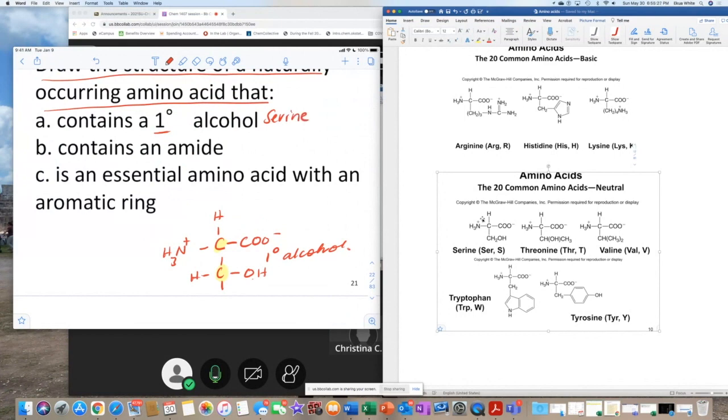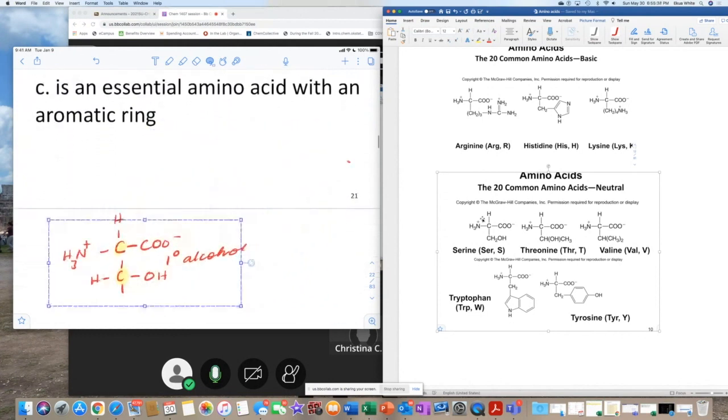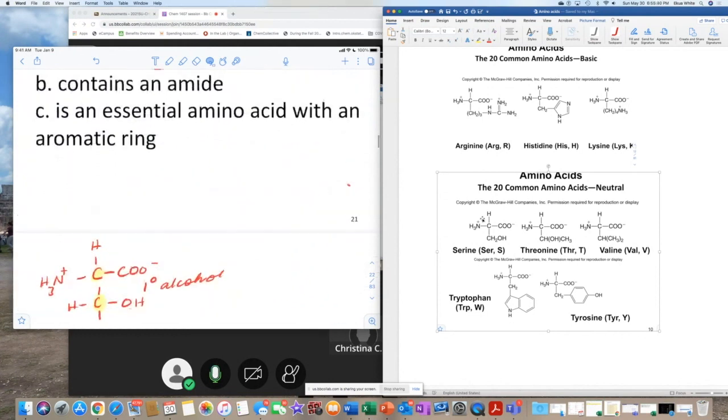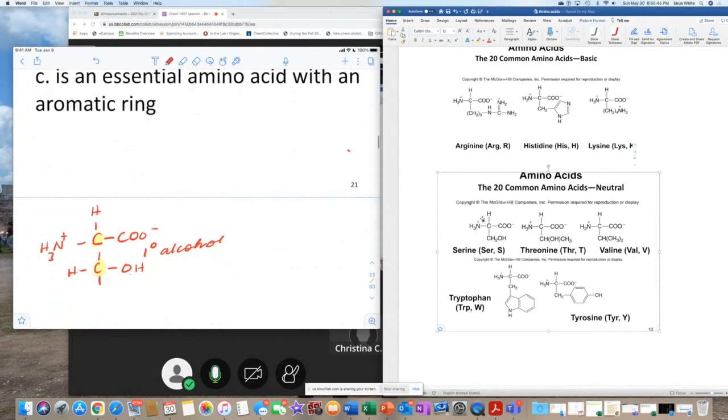Serine. So let me actually make this look a little better. I'll copy this right here. Oops, wait. Can I figure this thing out? Scroll down here. Okay, so the first condition I met contains primary alcohol. That's the first one, right?